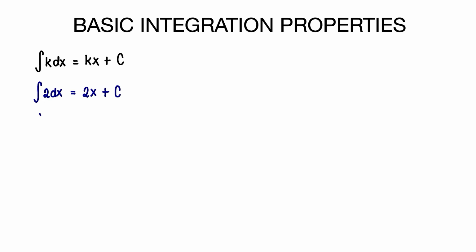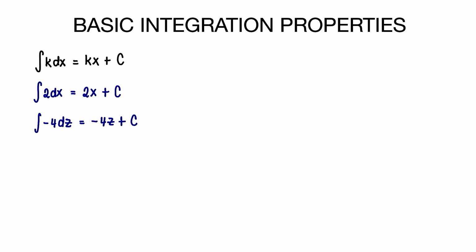If we're finding the integral of negative 4 dz, then we simply copy the constant negative 4, attach the variable of integration z, and add the constant c. As simple as that: copy the constant, attach the variable of integration, and then plus c.